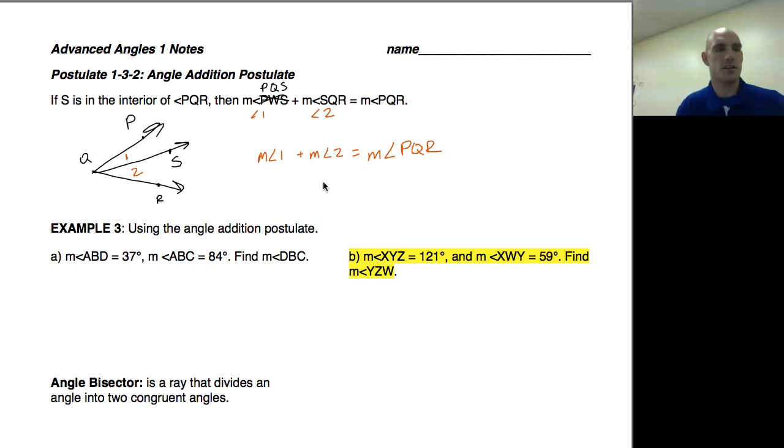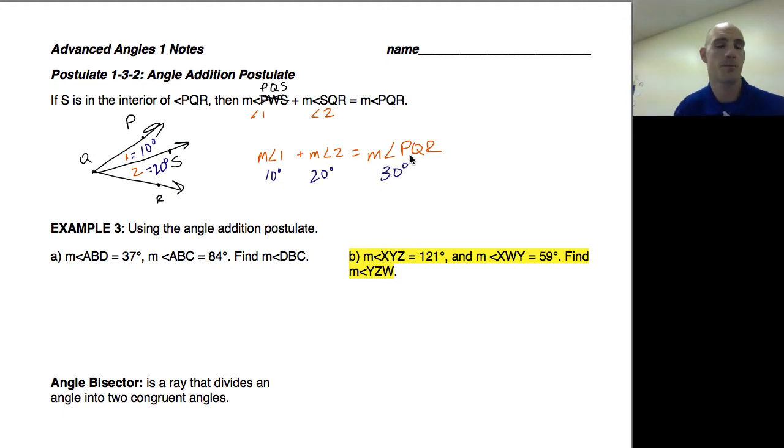A little piece plus a little piece equals the sum of the two. If I put numbers with this, like 10 and 20, the measure of angle 1 is 10 degrees, the measure of angle 2 is 20 degrees, and so the measure of the whole thing would be 30 degrees.